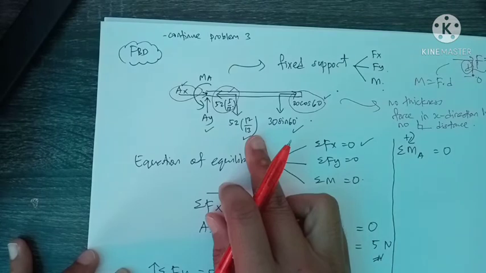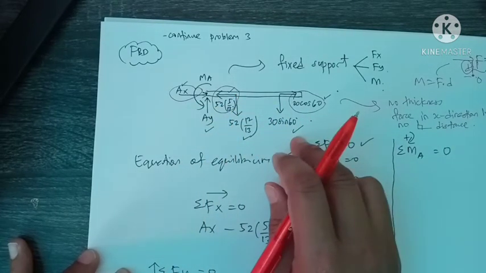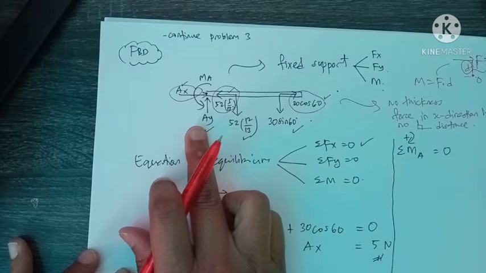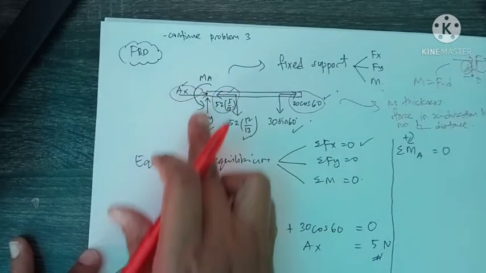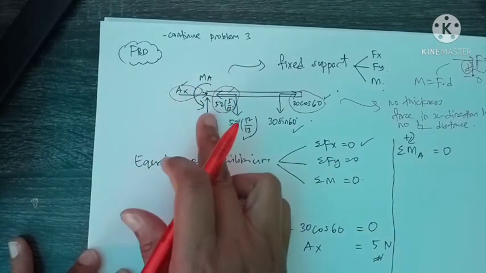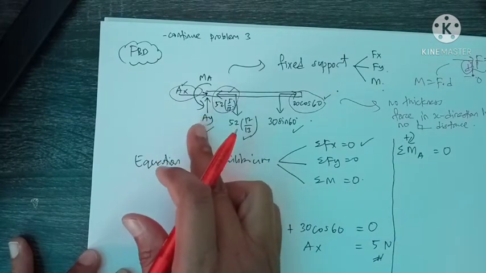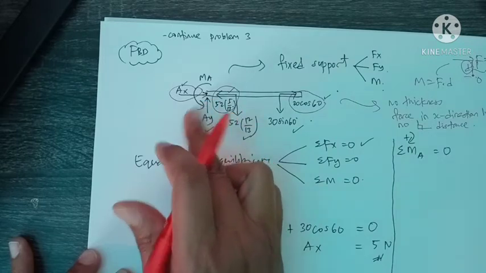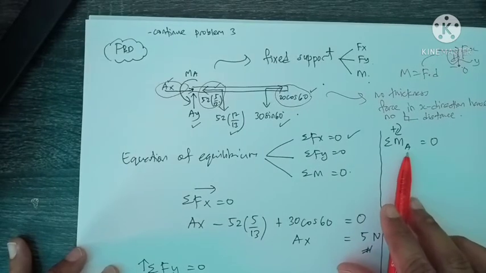From these three forces that act in y direction, Ay also produces 0 moment. Although Ay acts in y direction, the line of action for Ay will be exactly at point A, where we are summing the moment.